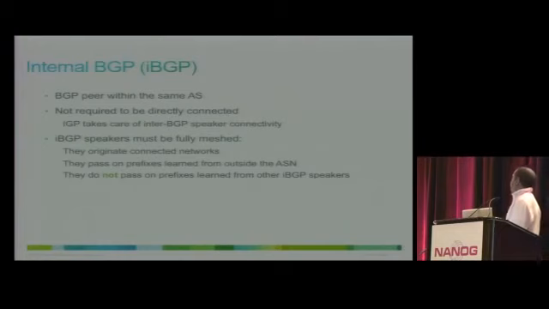So the internal BGP peering, and here also the term peer is used to mean two different things. One, it's used to mean a BGP relationship between two roughly equal autonomous systems to exchange their own routes. But in other cases, it means any type of BGP peering or BGP session.